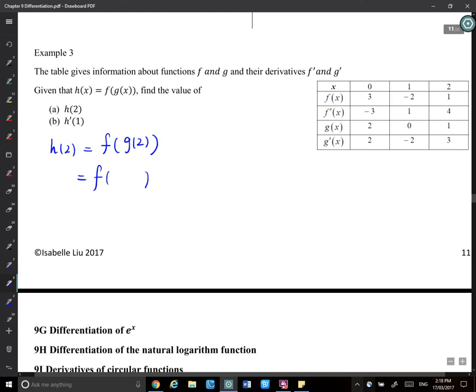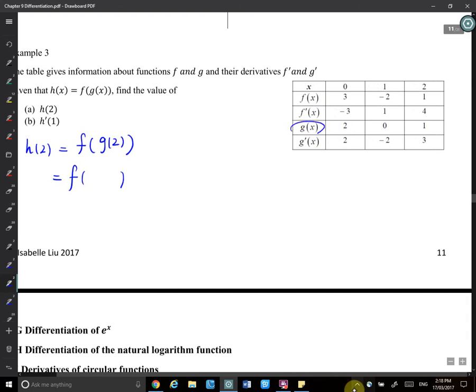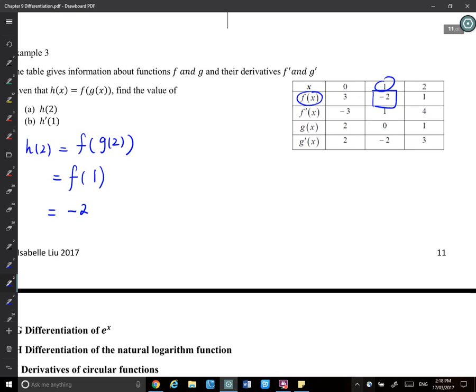What is g(2)? Let's look here. g is here, 2 is here, g(2) will be 1. So g(2) is 1, and then you're looking for f(1). f is here, 1 is here, f(1) is minus 2. So h(2) gives you minus 2.